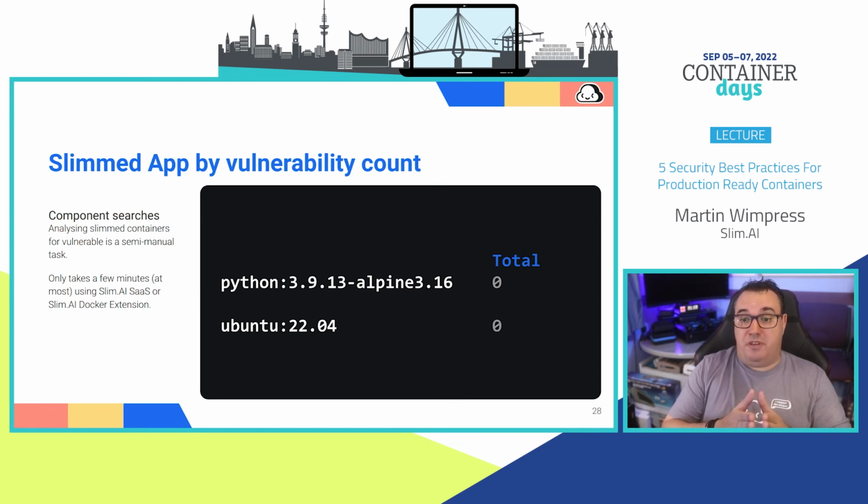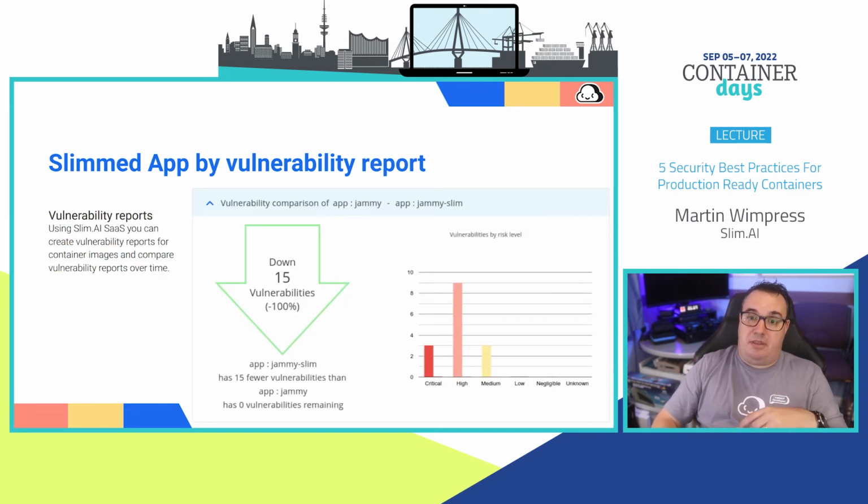We've already confirmed that the Ubuntu base image was free from critical and high-risk vulnerabilities. So that leaves 3 medium-risk vulnerabilities that are in libsqlite3, Perl base, and zlib. It took a few seconds to confirm that none of those components exist in the Slim image, and using the Slim SaaS confirmed that all of the components affected by the remaining low-risk vulnerabilities have also been removed.